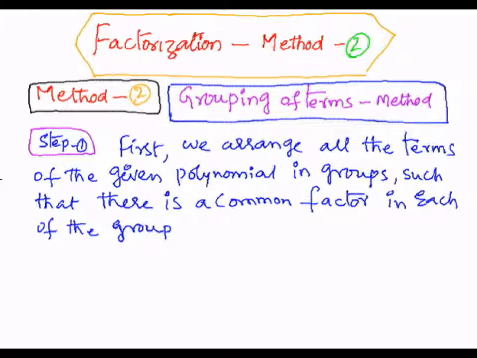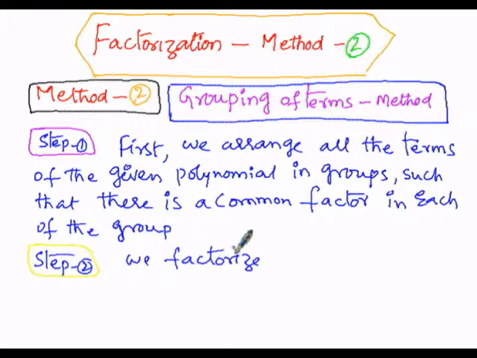Then later, as in step 2, we factorize each group. So after arranging the terms group-wise and seeing that a common factor exists in each group, then later, as in the second step, we will factorize those groups.